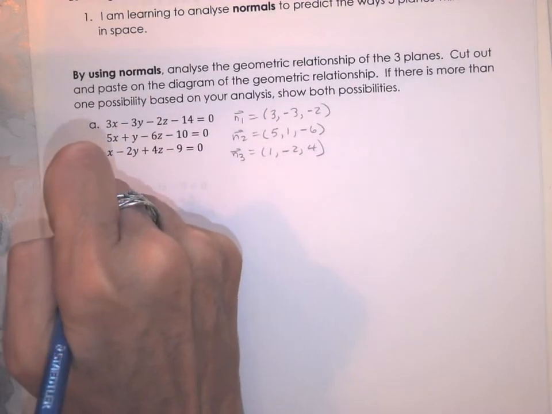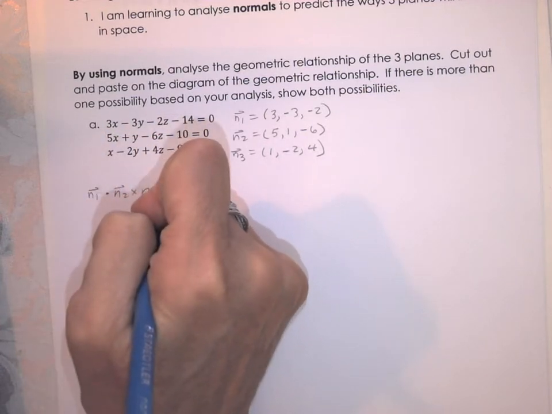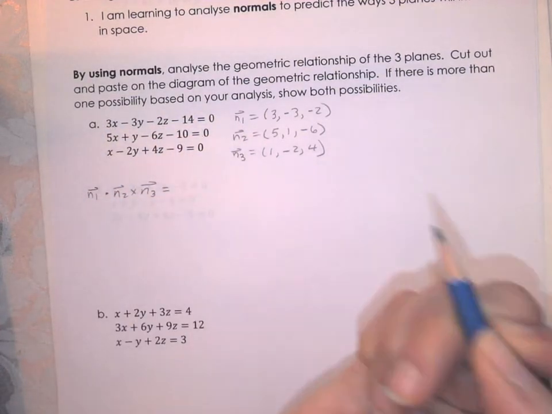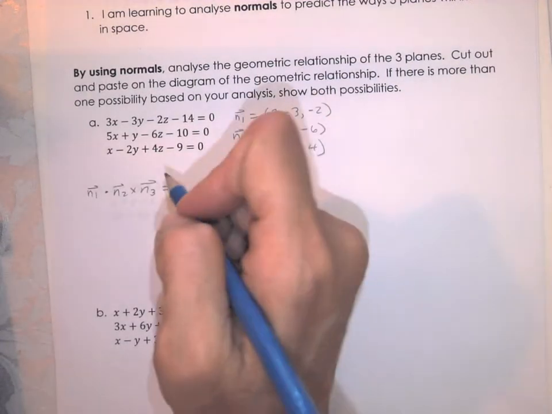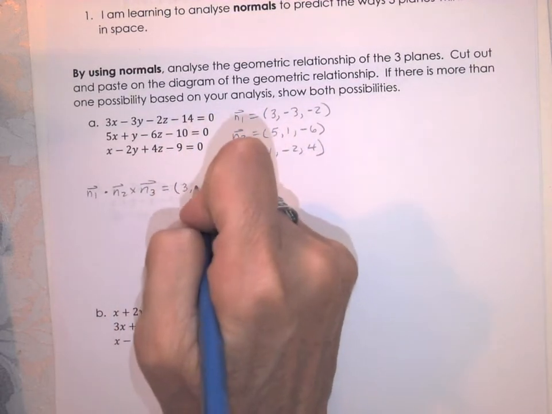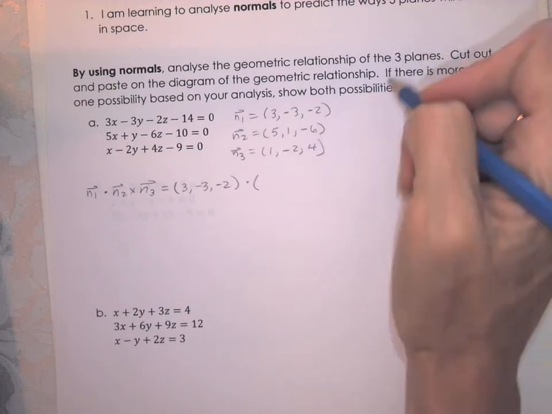So I'm going to do N1 dot N2 cross N3. N1 is (3, -3, -2), and I'm going to dot that with the cross product of these two.